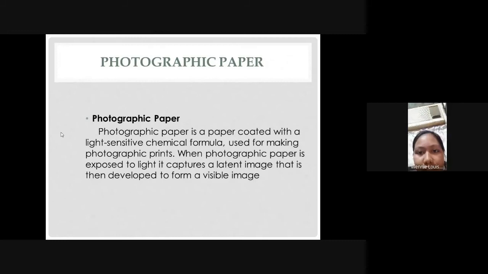Photographic paper is used for us to have a physical result of the image we captured from the camera. In order to have a latent image, there are two types of printing process, such as contact printing and enlarger printing.